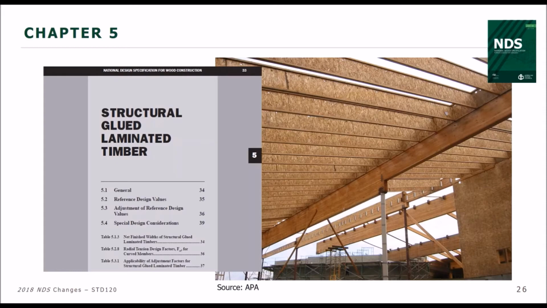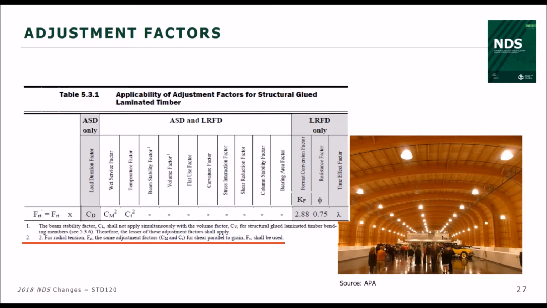Okay, on to glue laminated timber, structural glue laminated timber. And we've had a revision related to the radial tension. Now, radial tension is specific to glue laminated timber beam. There's also radial compression specific to glue laminated timber beam, but it has to do with when you look in this picture where they're curving the actual glue laminated timber, and there can be some radial tension and radial compression.